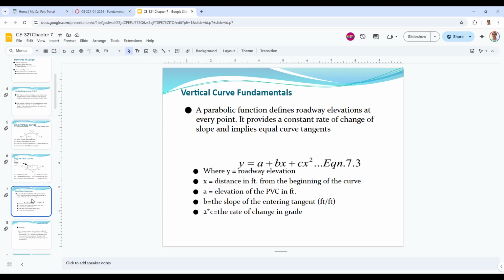So that tells me that the parameter a always defines the elevation of the PVC. Okay, so I'll note that, and I have that on the slide as well. A is the elevation of PVC in feet. Because if I plug in x equal to 0, I get y equal to a, and that point represents PVC. So I can just say this a is the elevation of PVC.